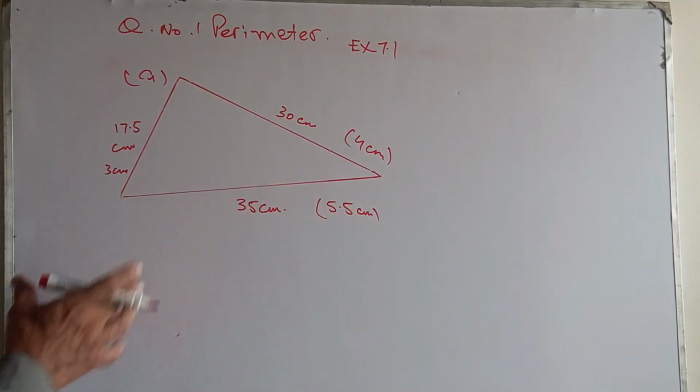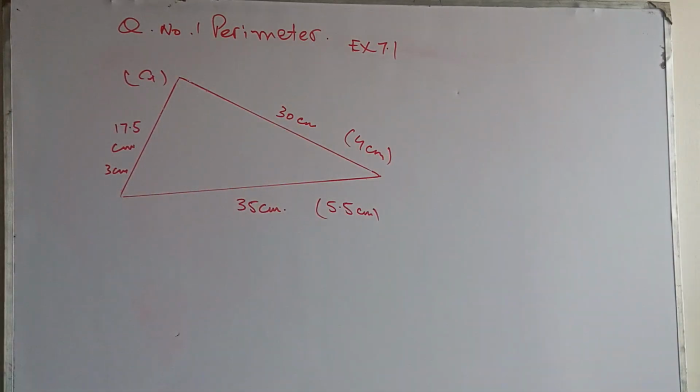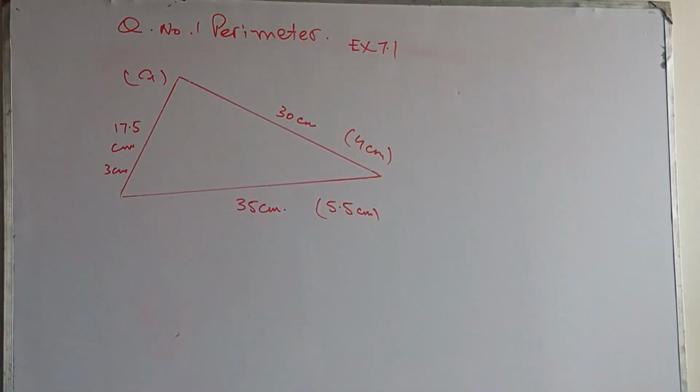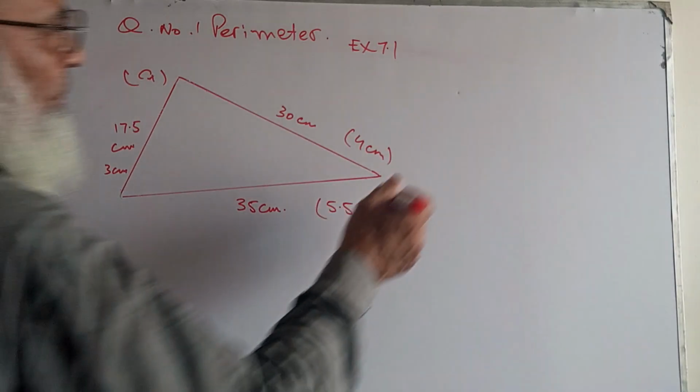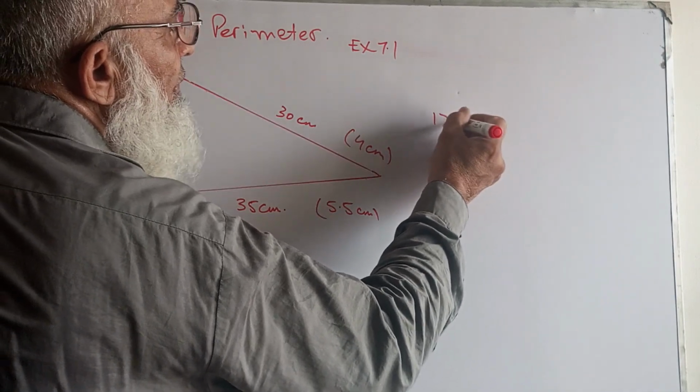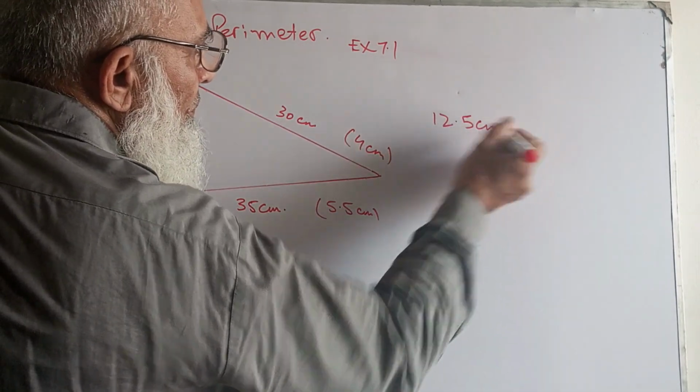To explain it, I have made this figure a bit larger, so that you understand what the question is. So, if I take the measures of the book, it will be 7, 7 and 5 is equal to 12.5. The perimeter in the book will be 12.5 centimeter.